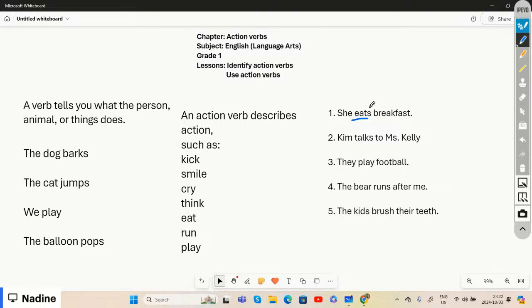And if we were to identify the action verb that tells us what Kim does, then we can say talks is our action verb. It tells us what Kim does. Yes, well done. Talks is correct.